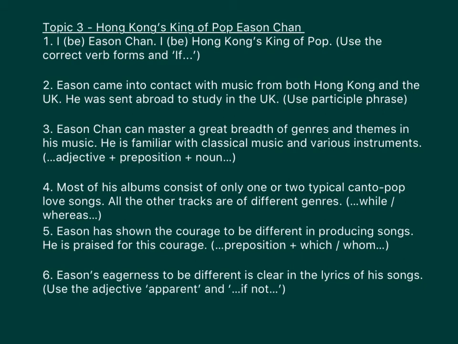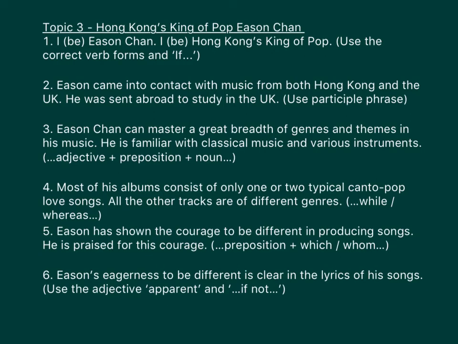This is topic 3 on Hong Kong's King of Pop, Eason Chan. Do the similar exercise. Rewrite the sentences using the suggestions inside the brackets. In the cases where you have 2 sentences, combine them into one. The topics are displayed across 2 screens.